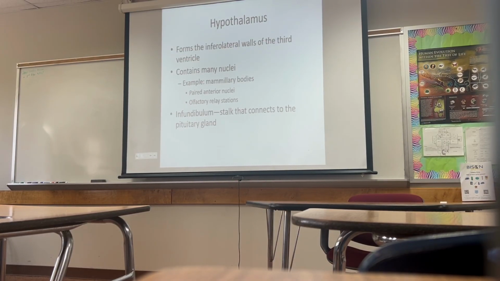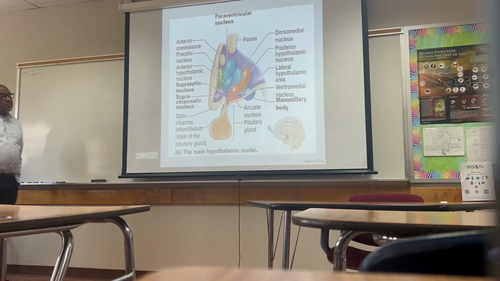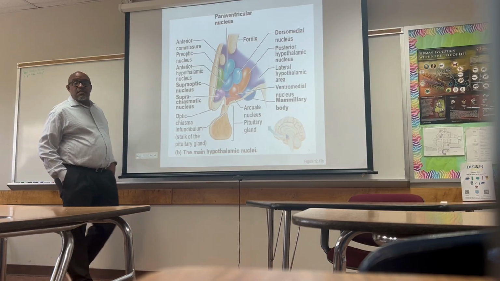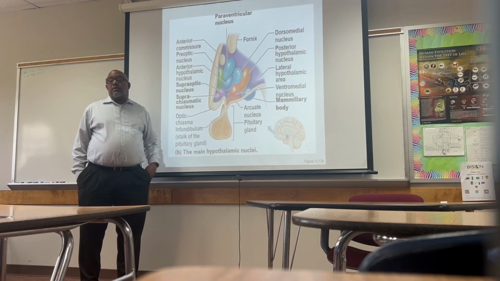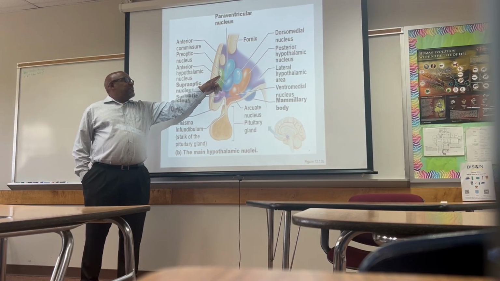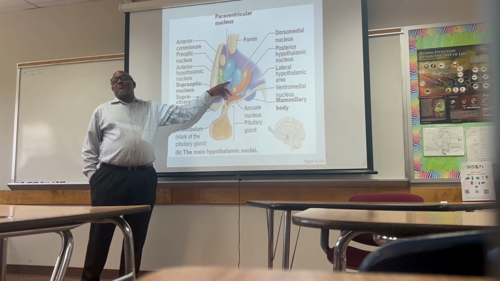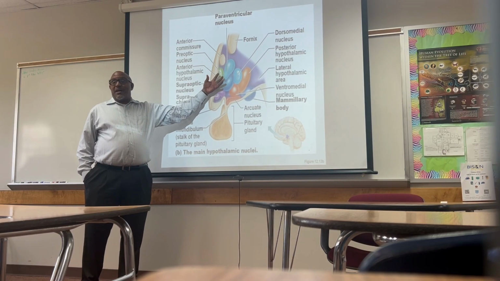Hypothalamus has nuclei. See these jelly beans? Those are in your hypothalamus. If you shake your head, you can hear them rattle. I'm just playing, but no. The jelly beans actually represent cell bodies or nuclei, groups of cell bodies in the nervous system.